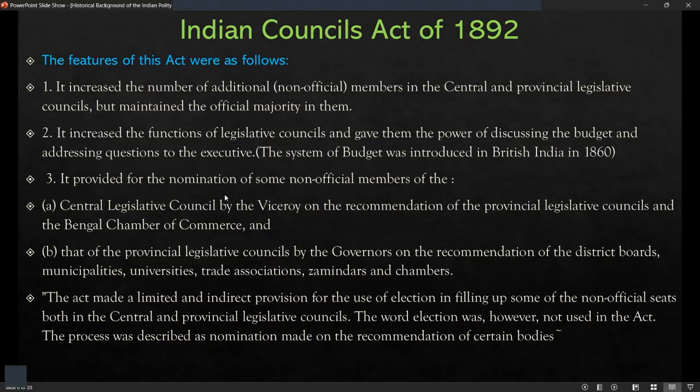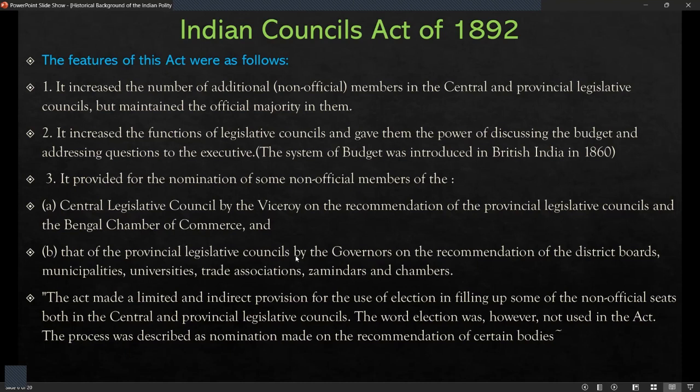It provided for the nomination of some non-official members of the Central Legislative Council by the Viceroy on the recommendation of the provincial legislative councils and the Bengal Chamber of Commerce, and of the provincial legislative councils by the governors on the recommendations of the district boards, municipalities, universities, trade associations, zamindars and chambers.